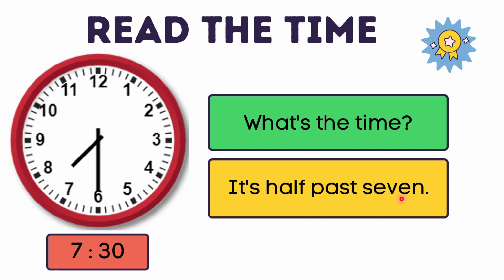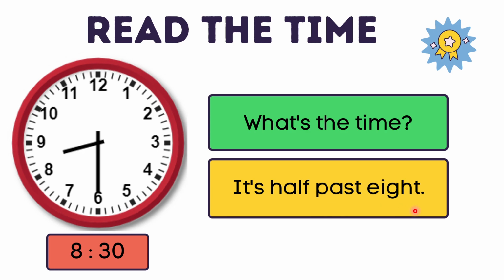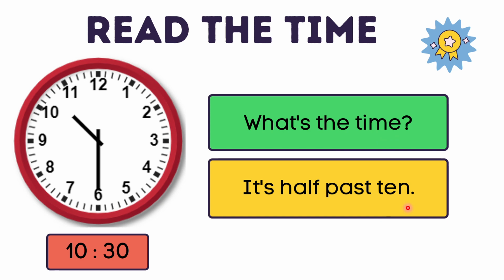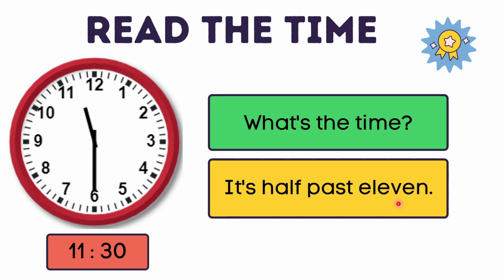Next, what's the time? It's 7:30. Next, what's the time? It's 8:30. Next, what's the time? It's 9:30. Next, what's the time? It's 10:30. Next, what's the time? It's 11:30.